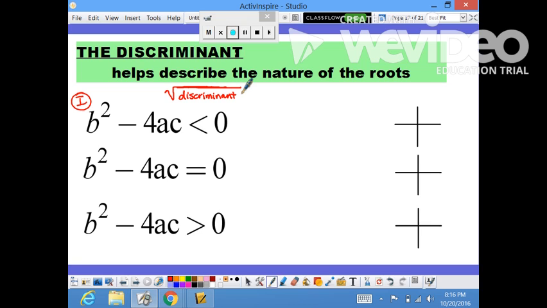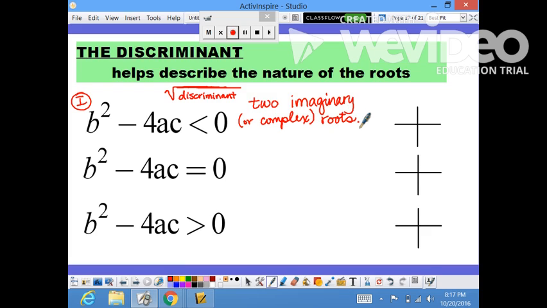So when we have this case right here, when b squared minus 4ac is less than 0, our roots are two imaginary or complex roots.